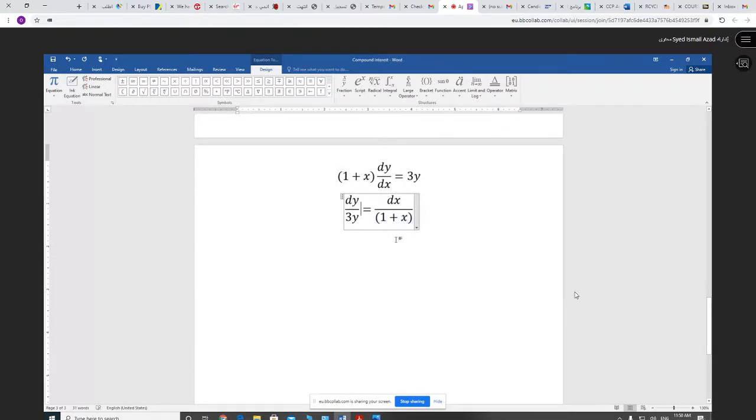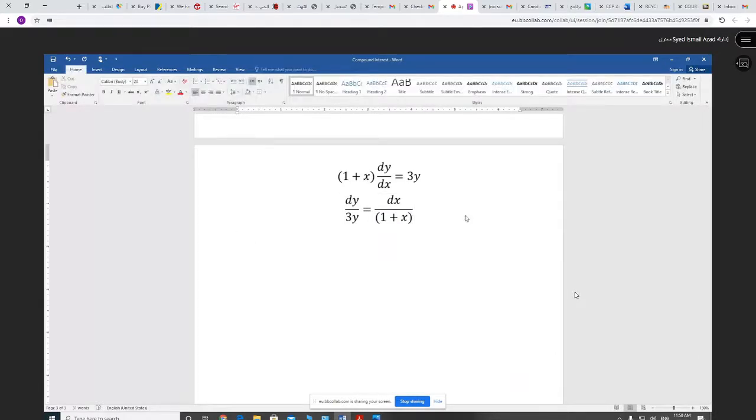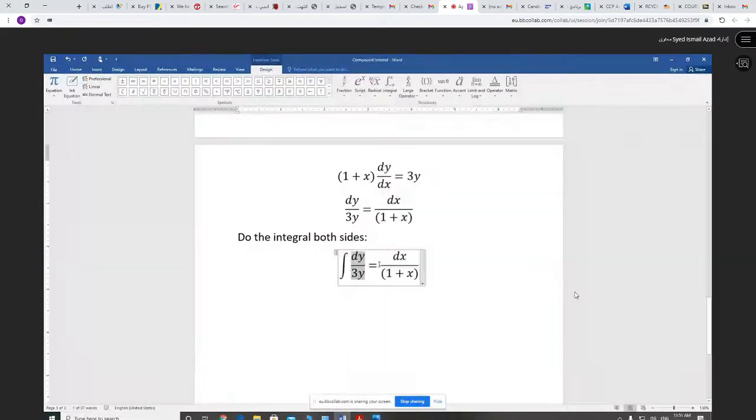Now once you do that, the next step, what is the next step? Integrate both sides. Do the integral on both these sides. This is the next step. So let me just write down. Here you will do integral.